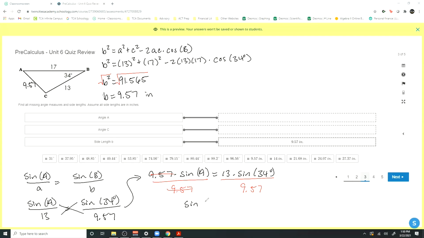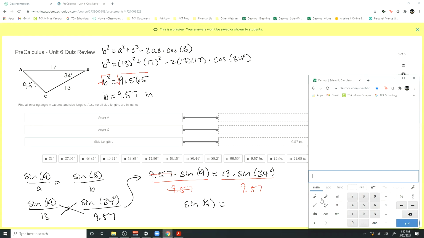And I get the sine of A is equal to, let's put that in a calculator now. Make this a fraction. 13 times the sine of 34 degrees over 9.57 is 0.7596. Of course, this is the sine of A, and I just want A, though. So I'm going to take the sine inverse of this.